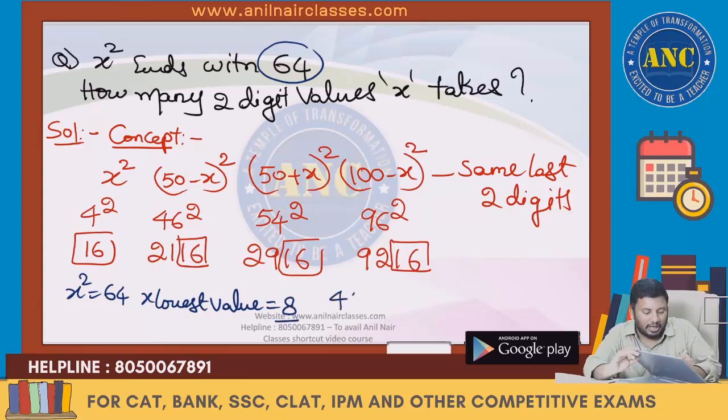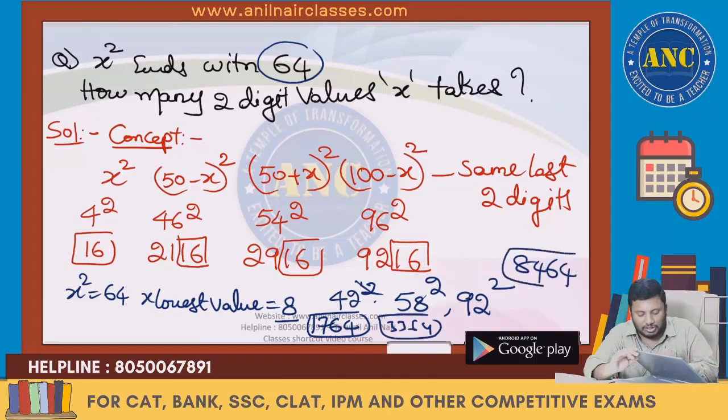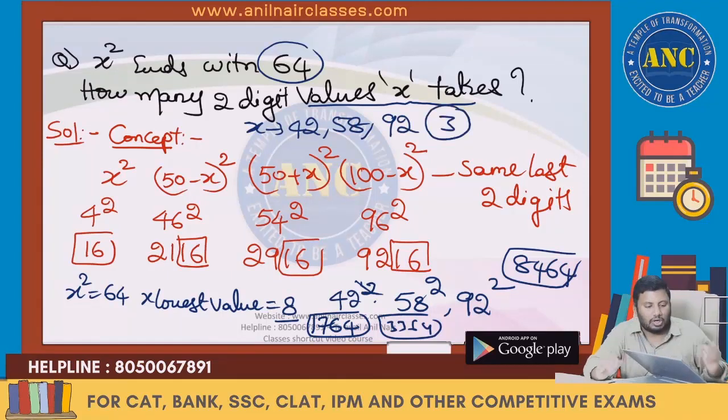So 50 minus 8, 42 square. 50 plus 8, 58 square. 100 minus 8, 92 square. 42 square is 1764, 58 square is 3364, 92 square is 8464. How many 2-digit numbers can x take? X can take 42, 58, and 92. Total 3 values. I hope it is clear.